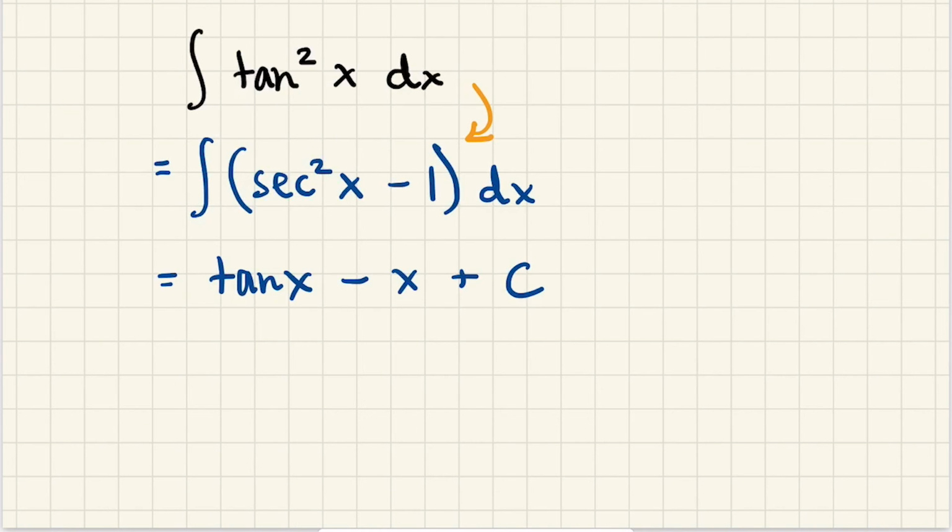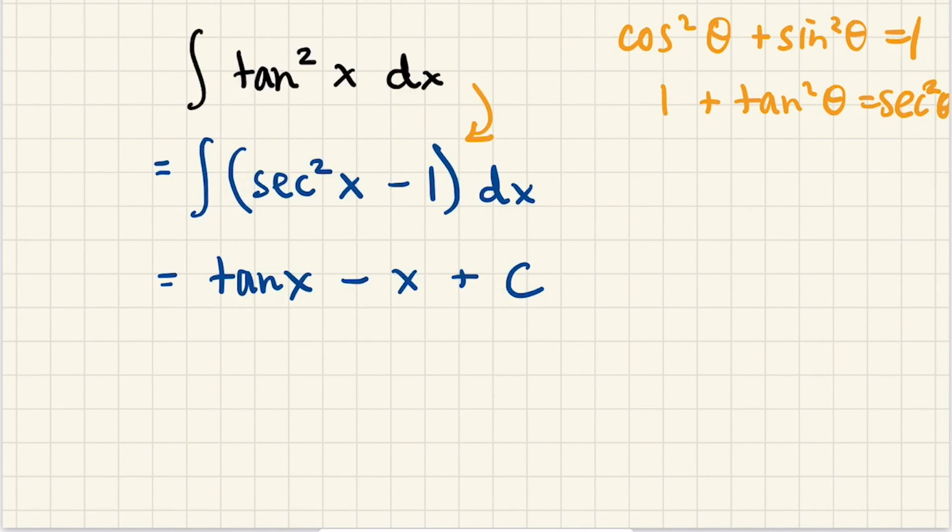How did we know right away that tangent squared was secant squared minus 1? Well, there's the Pythagorean identities. Cosine squared, I'll just use theta, plus sine squared theta equals 1. You really have to just know that one, of course. But there are two more. There's 1 plus tangent squared equals secant squared.